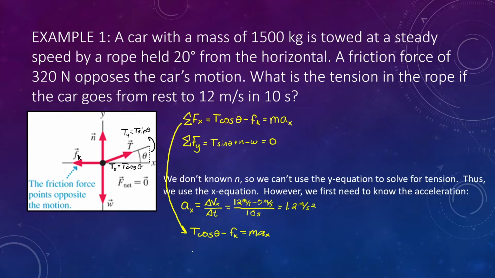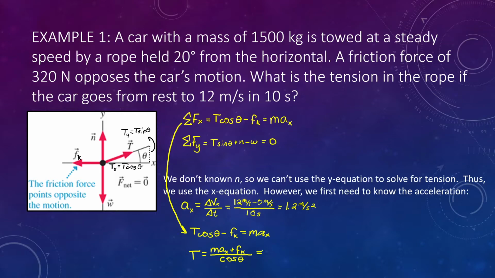So we'll have the following. Tension is equal to max plus the friction, and then all of that divided by cosine of theta. Okay, so that's just a little algebra there. Add friction, then divide by cosine.